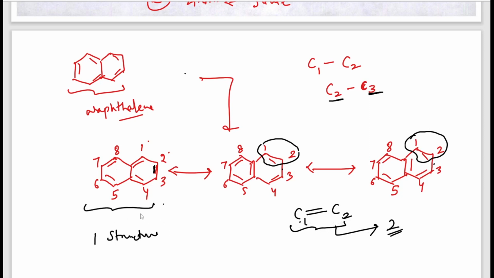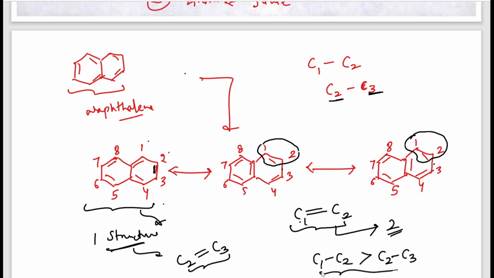Only one structure has a carbon 2 and carbon 3 double bond. It means there is more bond order of carbon 1 and carbon 2 as compared to carbon 2 and carbon 3 in the case of naphthalene.